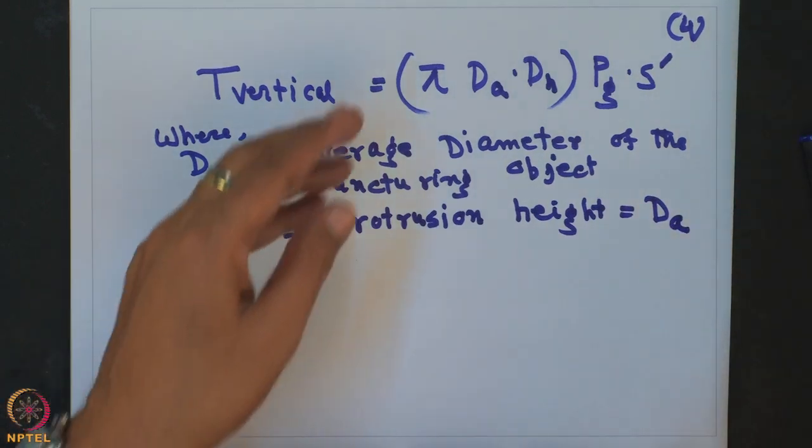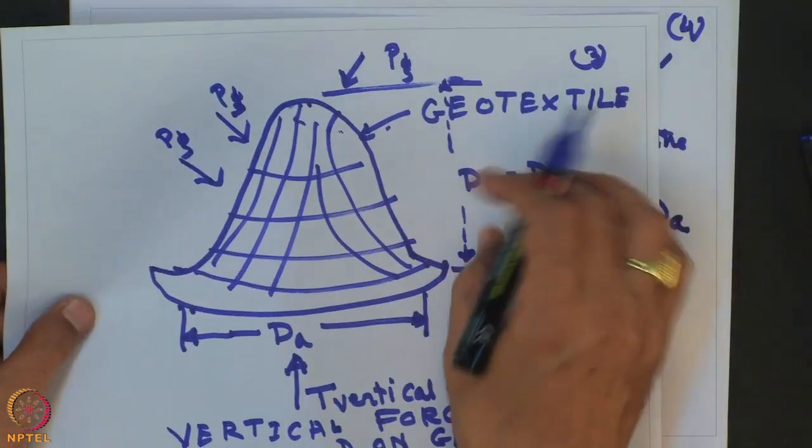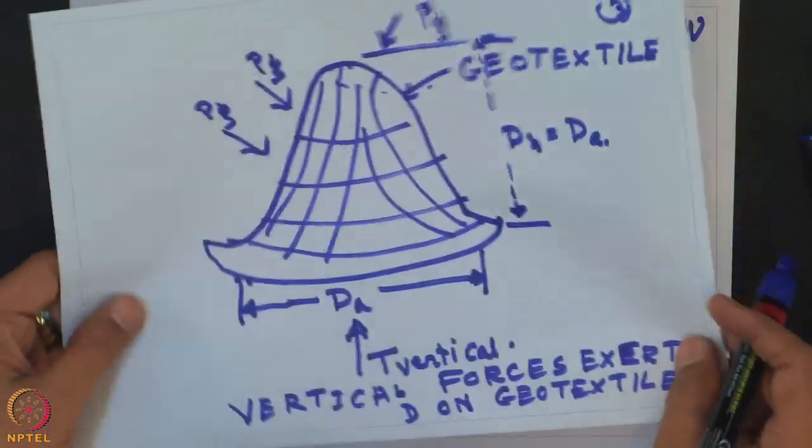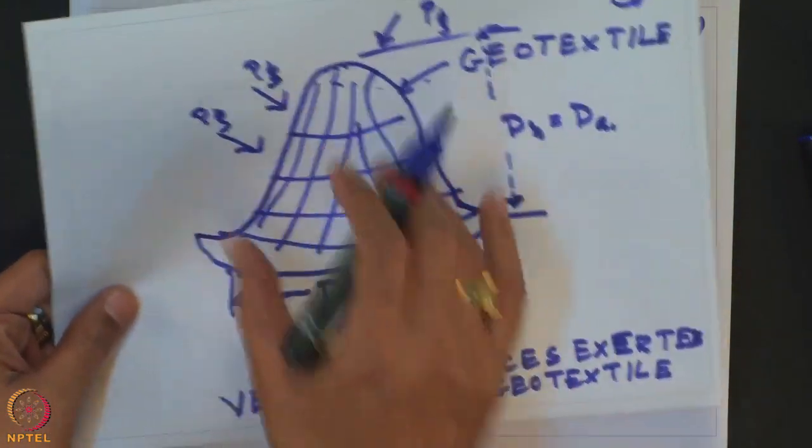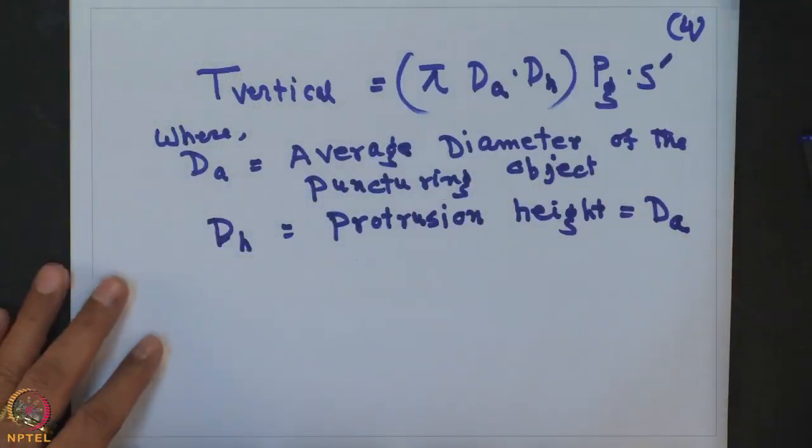That means here you can see dH is equal to dA. This is the protrusion height, and dA is the average diameter of the puncturing object.